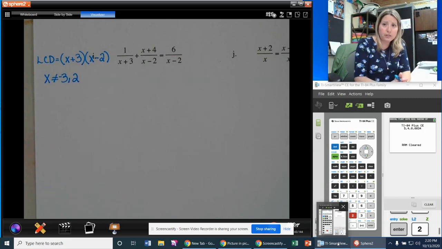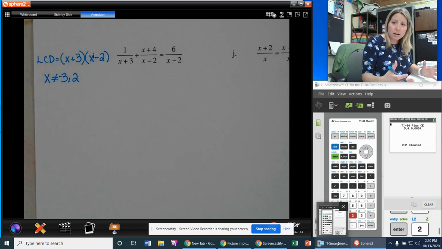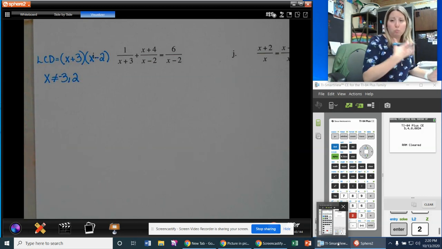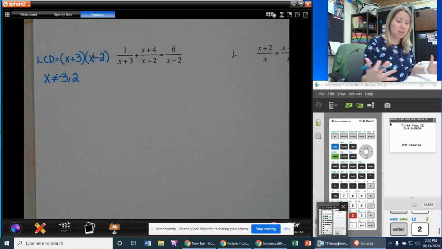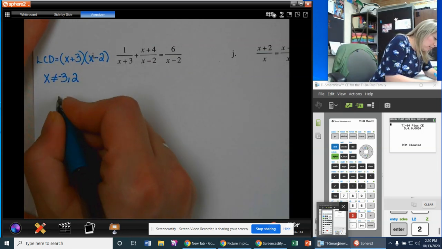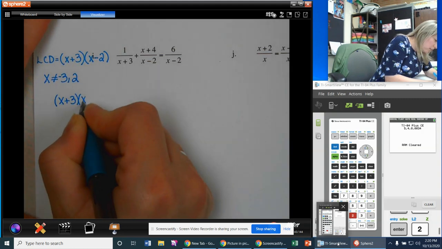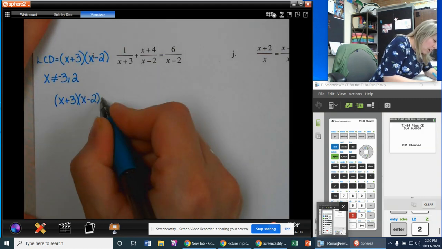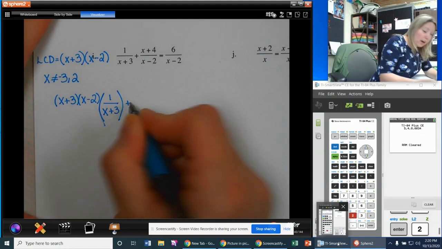Now that you've got your LCD, this part takes up space and time, but it's worth it because we can literally cancel what doesn't get to be there. So take x plus 3 times x minus 2. This is my full LCD, and it's being multiplied by 1 over x plus 3. Now let's do it again.